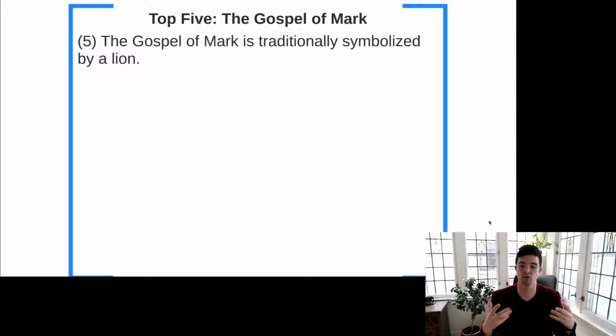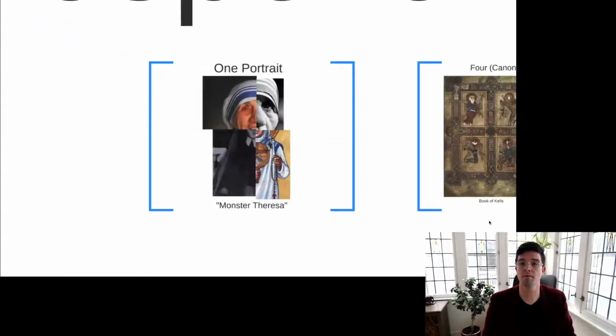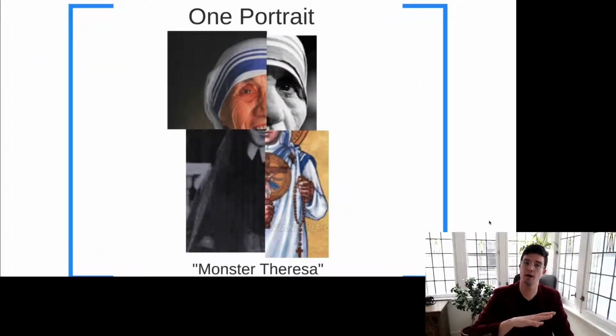These traditional symbols will serve as a way for us to think about and remember key distinctive features of each one of the 4 canonical Gospels. If you remember back to last week, we talked about having a number of different portraits in order to more fully capture a person.